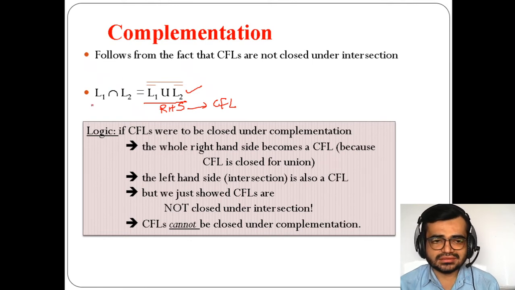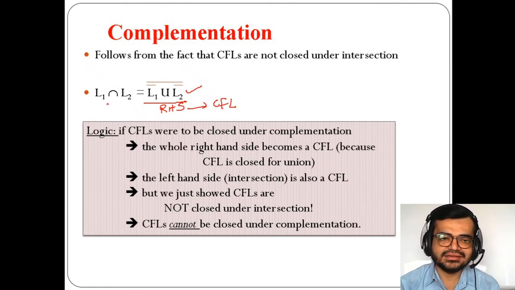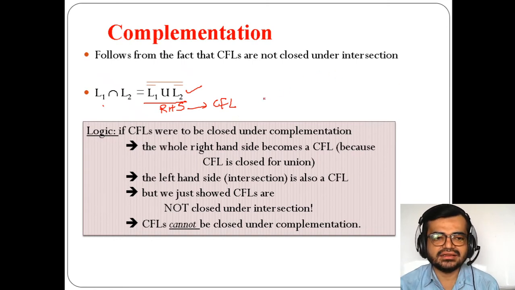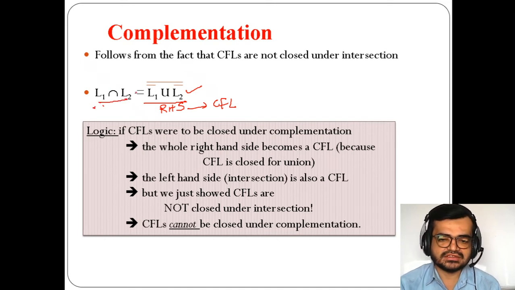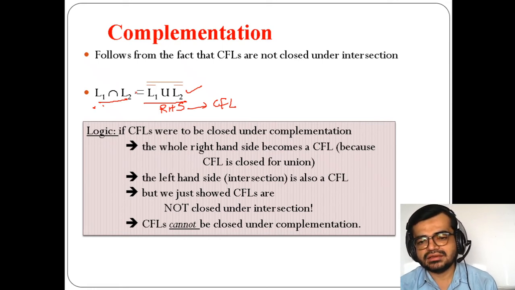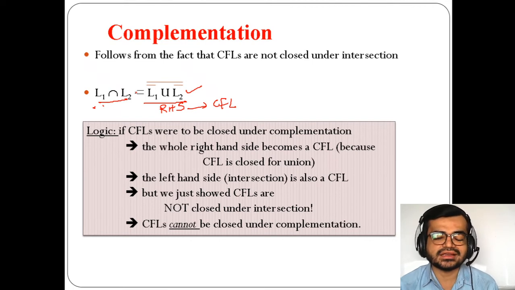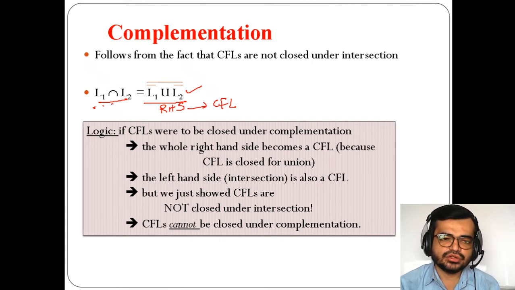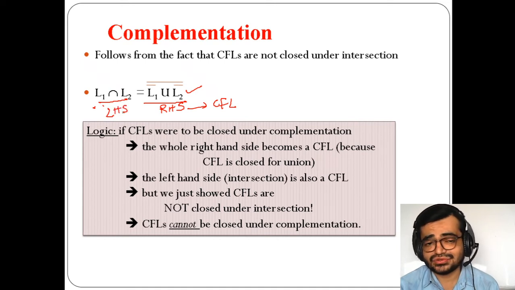But if you observe the left hand side, we have an intersection, L1 intersection L2. Just now we proved that the intersection of two context free languages will not give you a context free language. So LHS is not CFL and RHS is CFL.